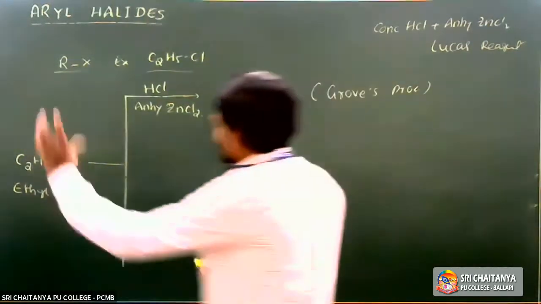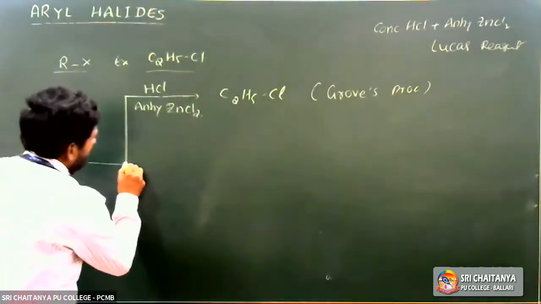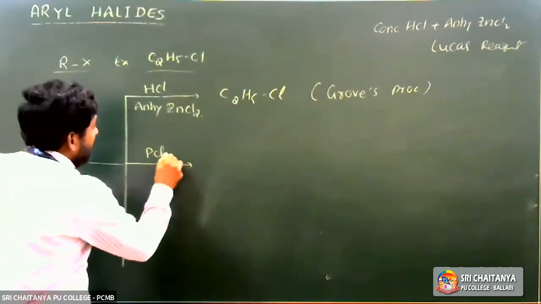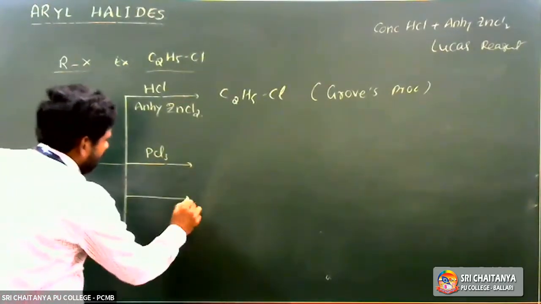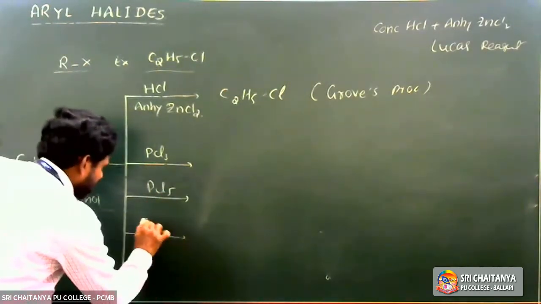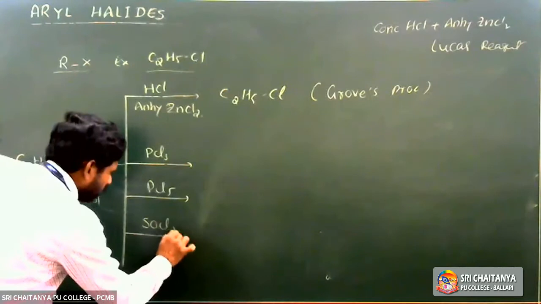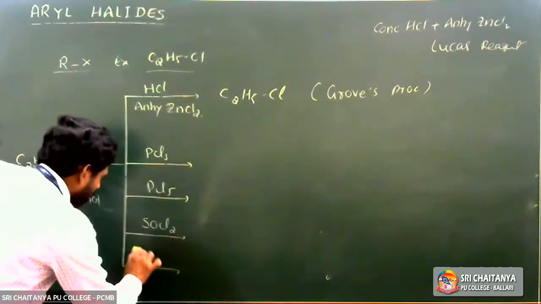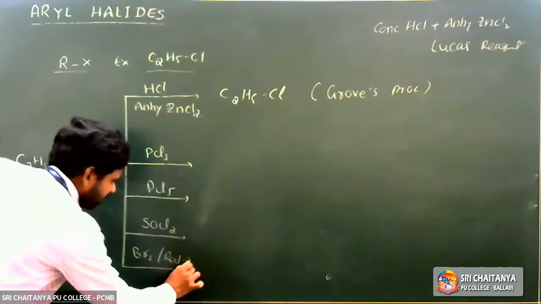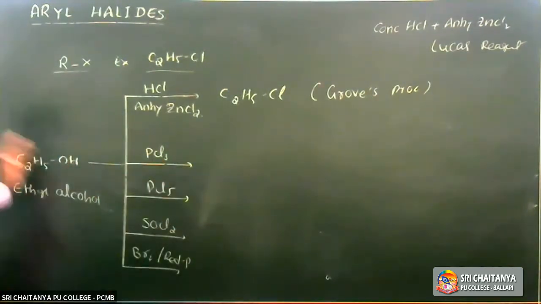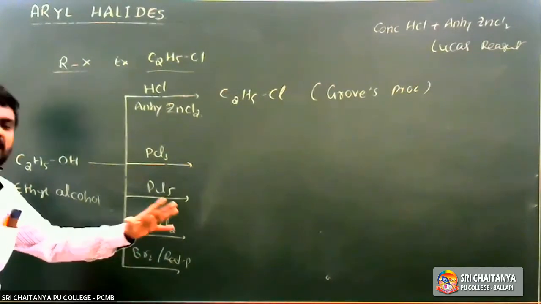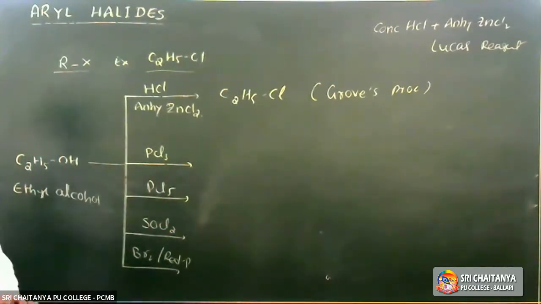Next, ethyl alcohol is treated with either PCl3, PCl5, SOCl2, bromine in the presence of red phosphorus, or iodine in the presence of red phosphorus, or 95% phosphoric acid.